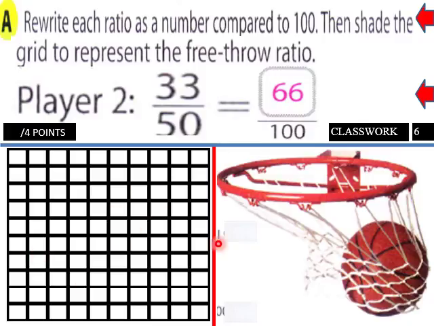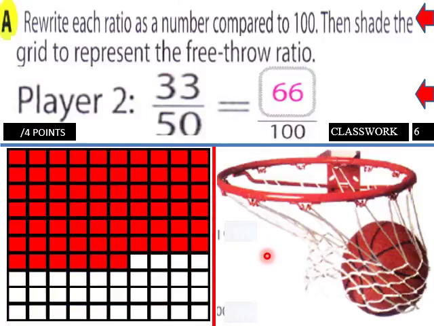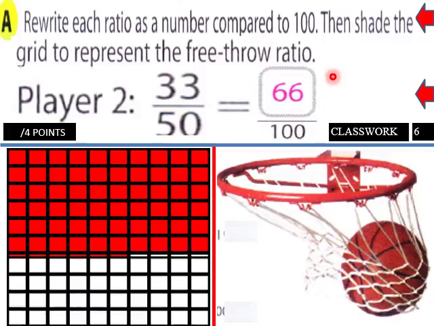And then how would you shade your percentile grid for that? You'd shade in 66, wouldn't you? 1, 2, 3, 4, 5, 6, and then 60 over here. 66 of these squares are shaded, and then 34 are not.